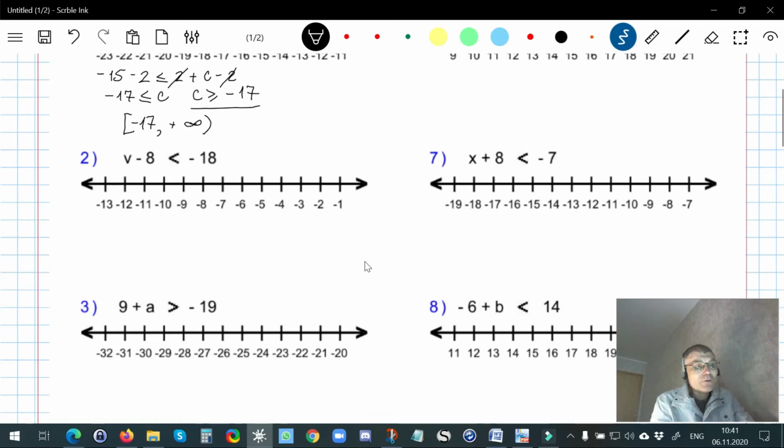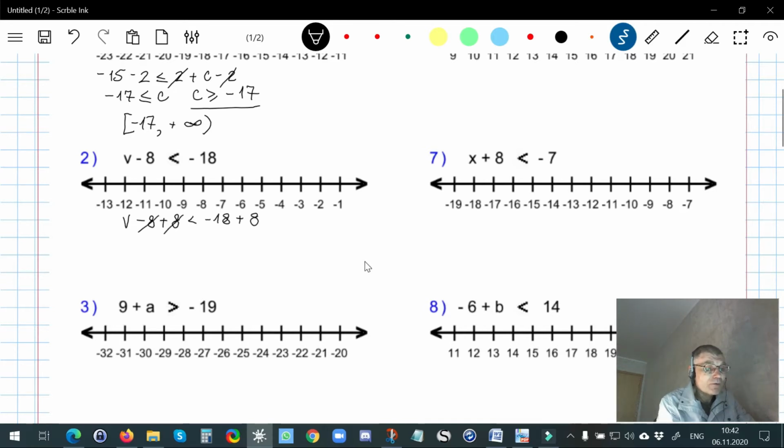Again, we have to isolate this v variable. To do that, we have to add 8 to both sides. That's pretty easy. 8 minus v minus 8 plus 8 is less than negative 18 plus 8.